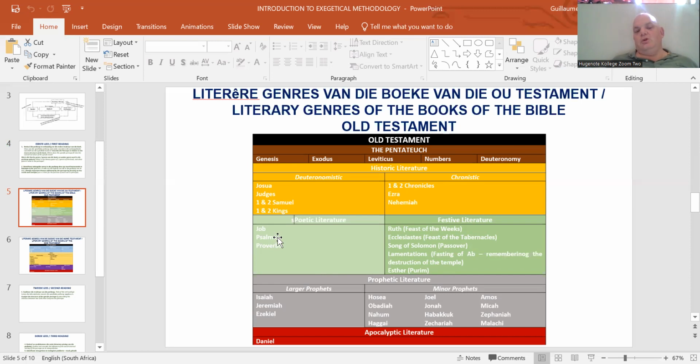Most of the psalms also were used during temple services, and not like we know a church service today. It was a bit different, but eventually it provided a liturgical function, which we must also take into account when we read through the texts.